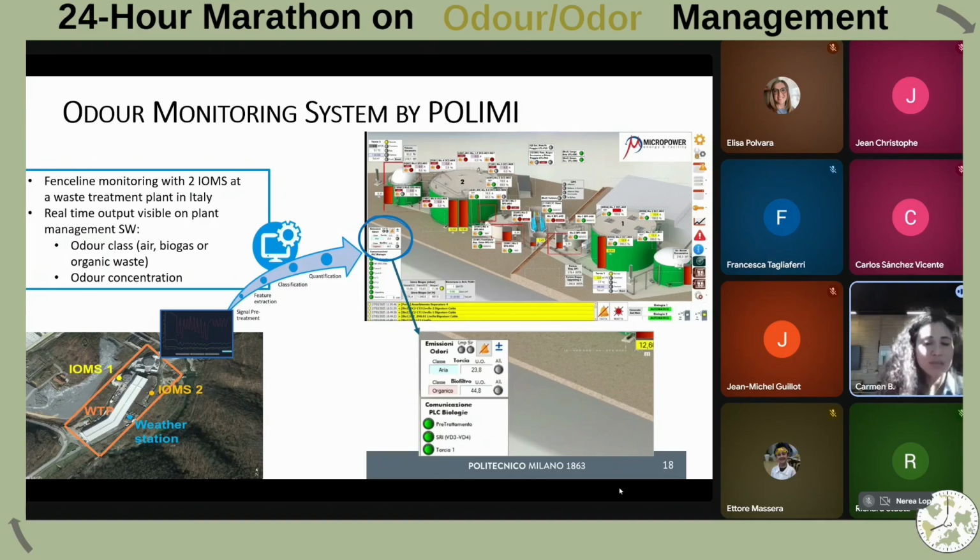They reported to us that one day they started receiving frequent detections of biogas by one of the two IOMs installed at the fence line.